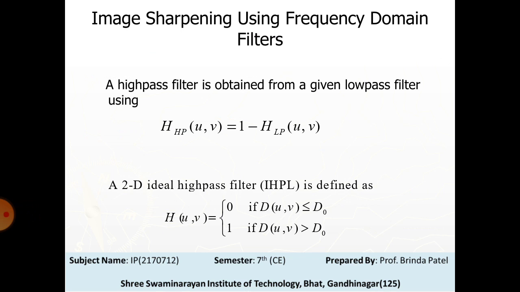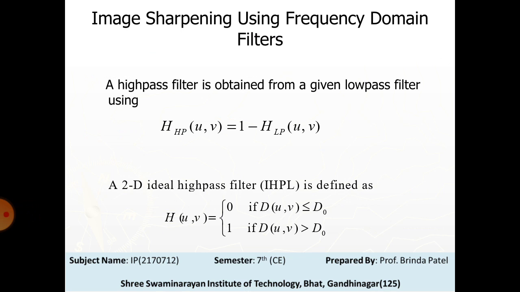Here a 2D ideal high pass filter, IHPF, is defined as H(u,v) = 0 if D(u,v) is less than or equal to D0, and H(u,v) = 1 if D(u,v) is greater than D0. Here D0 is the cutoff frequency and D(u,v) is given by the equation.